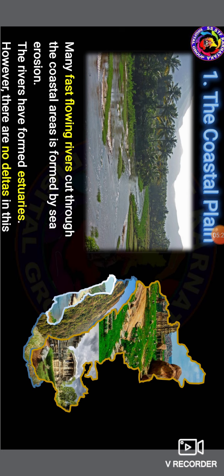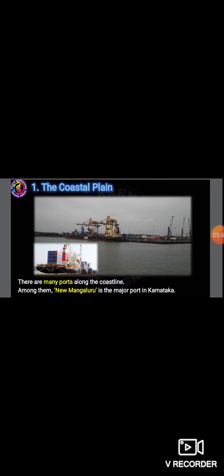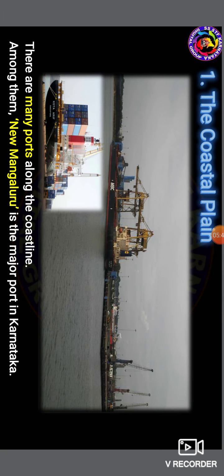Many fast flowing rivers cut through the coastal areas and flow into the sea. The rivers have formed estuaries, however, there are no deltas in these areas. There are many ports along the coastline, among them New Mangalore.